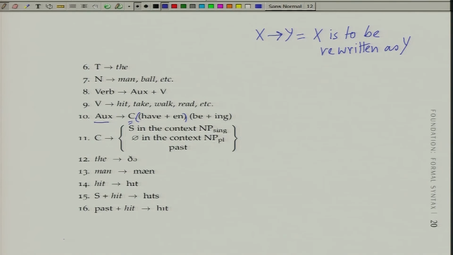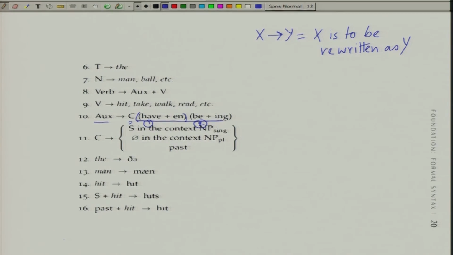After that, the selection of this one or 2 is optional, which means that I may or may not take have plus N, and I may or may not take B plus N. But this bracket means that if I take both, not that I have to, but if I take both, then I have to maintain this order.